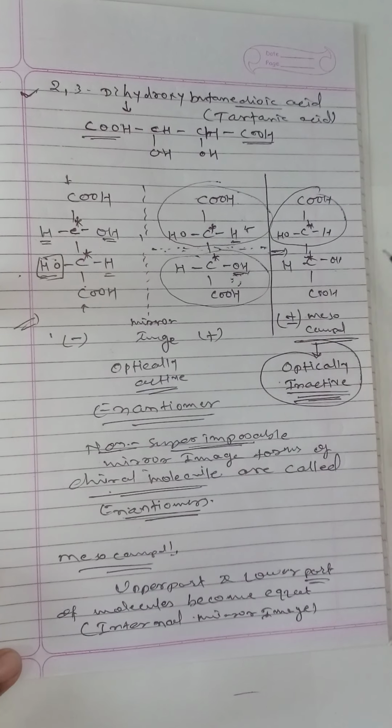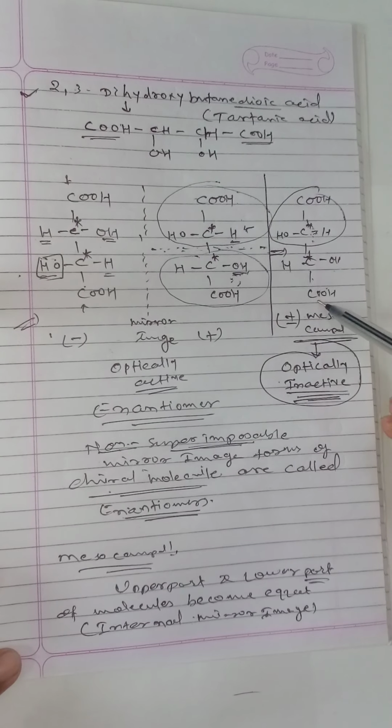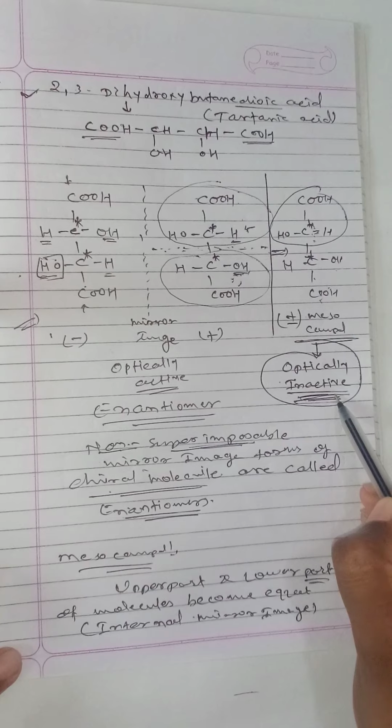I will repeat: the optical rotation of one asymmetric carbon atom is cancelled by that of the other. So it is optically inactive.